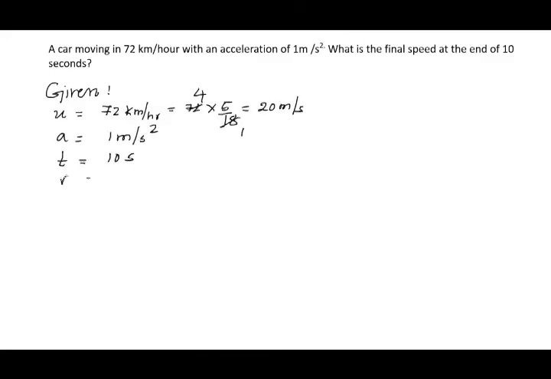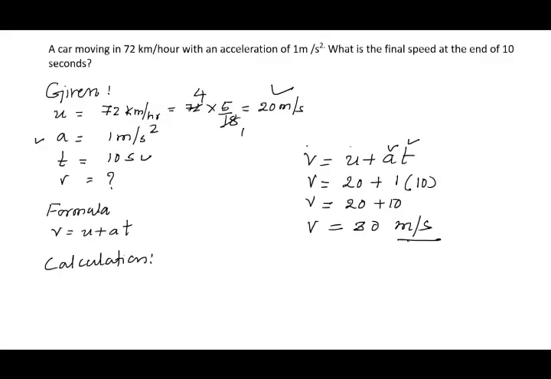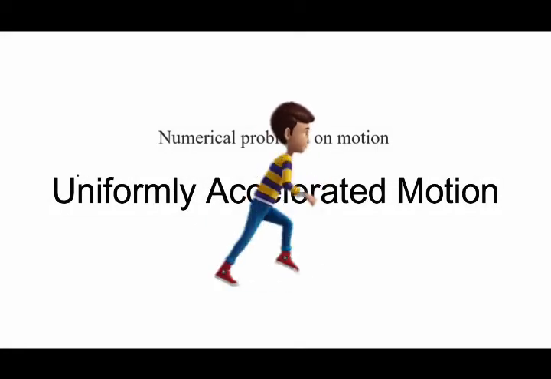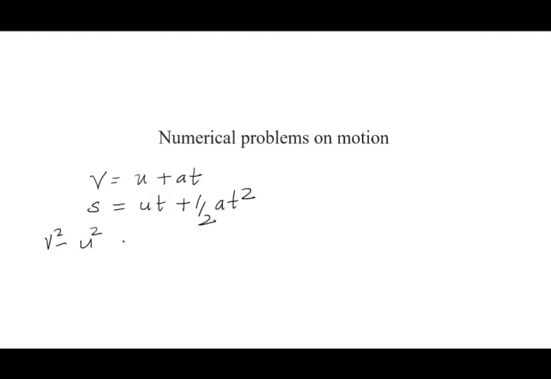In the previous video, we solved a numerical problem based on equations of uniformly accelerated motion. And what are those equations? They are v equals u plus at, s is equal to ut plus half at square, and v square minus u square is equal to 2as.